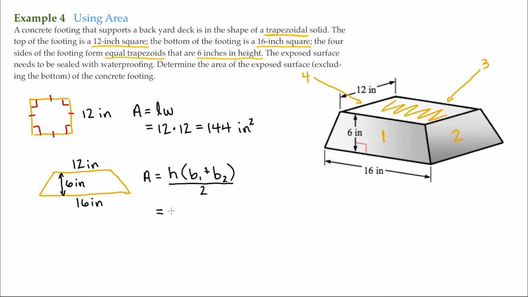So we have a height of 6 inches. One of the bases is 12 inches. The other base is 16 inches. And then we divide it all by 2. So this is 6 times 28. Divide that by 2. And that's equal to 84 square inches.